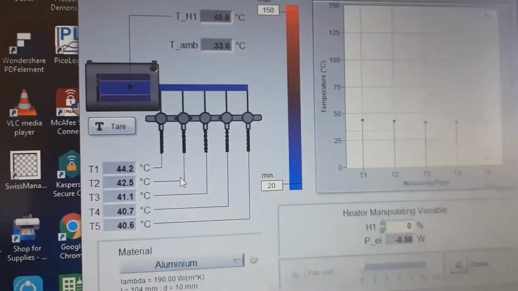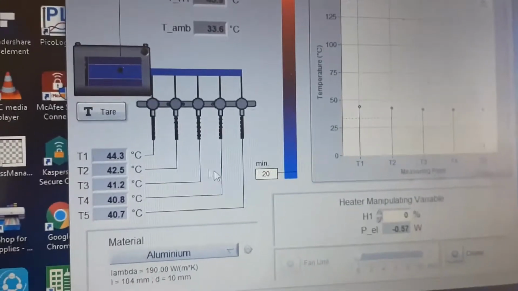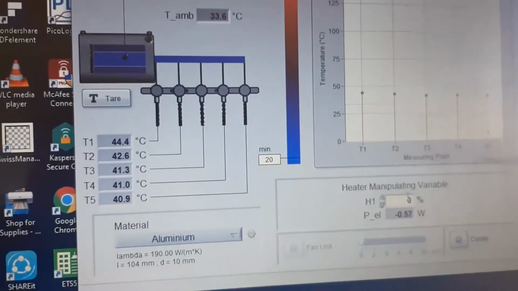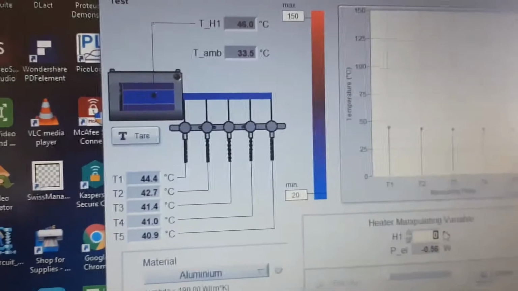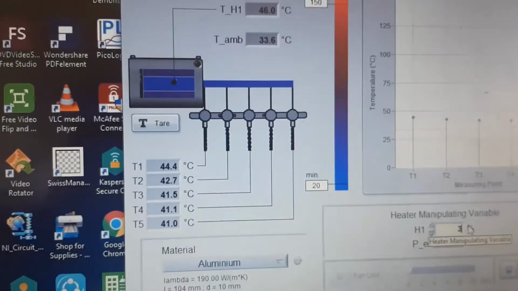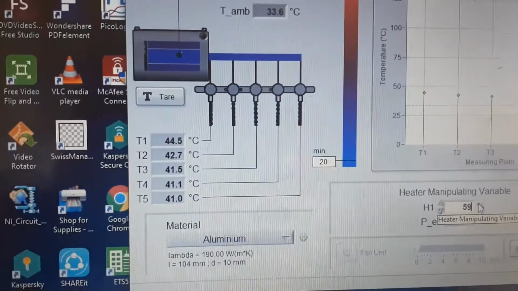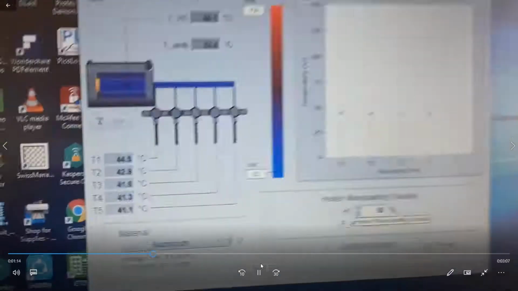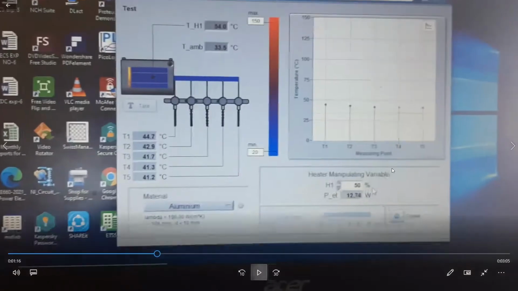You can observe while doing. So now we'll do it again for this. We will apply some heat here. Let's say 50 again. I always applied 50%.